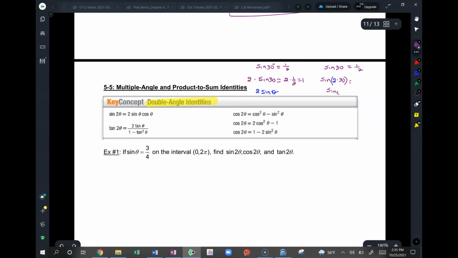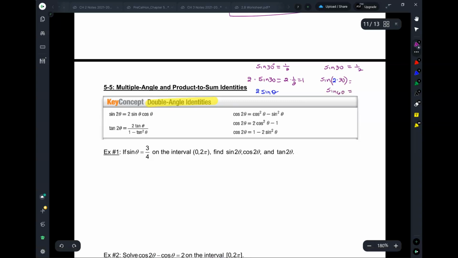That's now sine of 60, which is how much? Root 3 over 2. So what I did here is I have sine of 2 theta. Do you see the difference depending on where the 2 is placed? Yeah? So when you have sine of 2 theta, it's a different angle entirely.